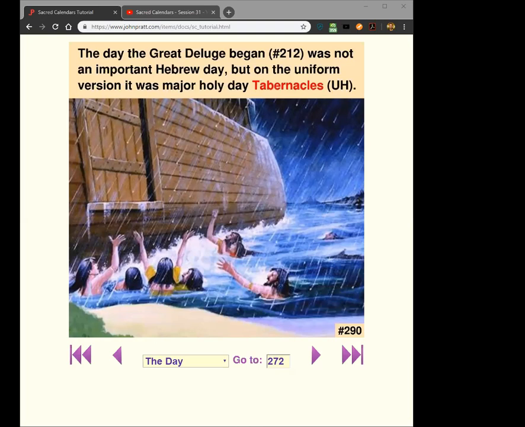Anyway, that's just another example of the interrelation between these different sacred calendars, where the star calendar is tied directly to the Enoch calendar. And that's new since I finished the course that we're going through.